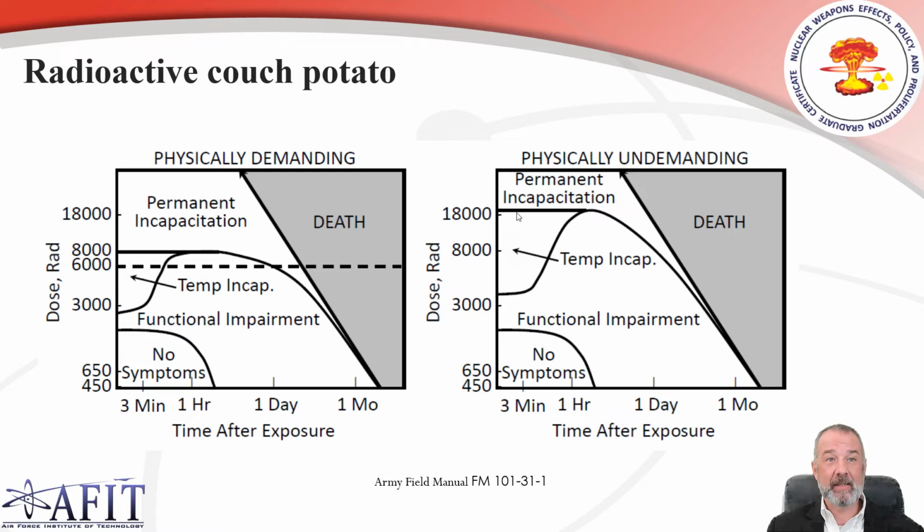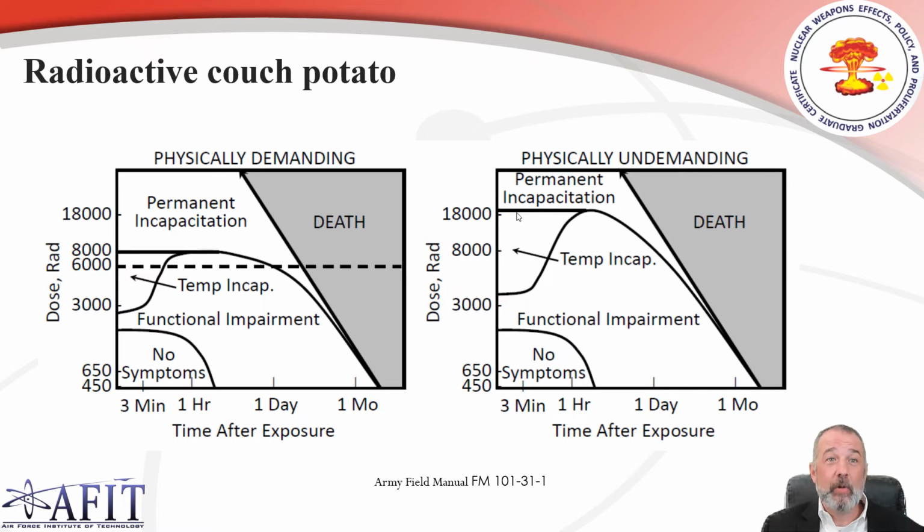So why does it look like this? Well, the more physically demanding your activities are on your body, the more your body has to replace cells that expire because they're working overtime.